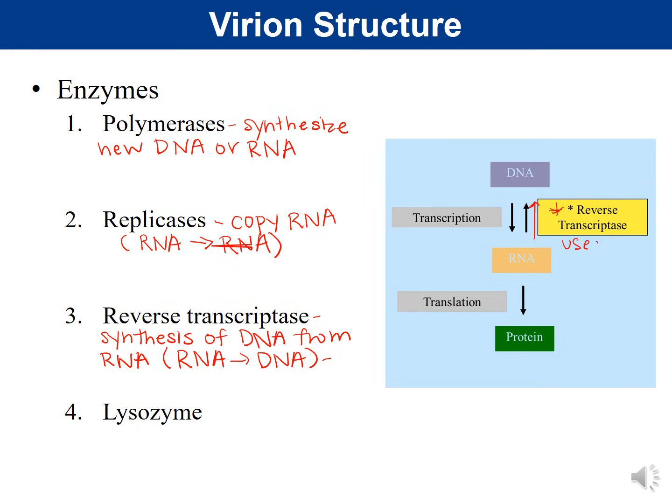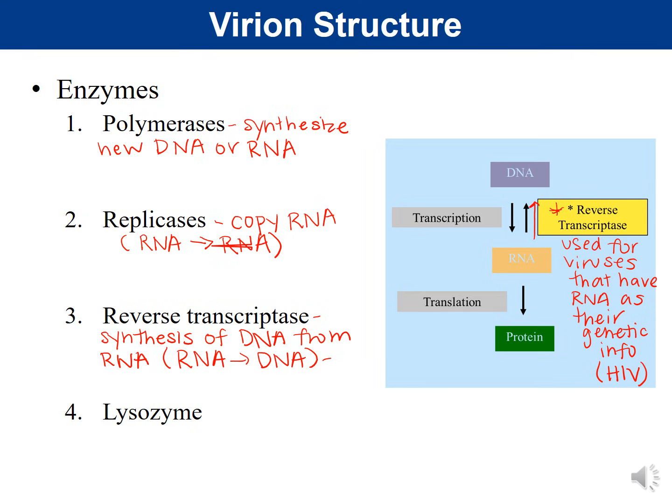And this is used for viruses that have their genetic code as RNA. So used for viruses that have RNA as their genetic information. And again, an example of this would be HIV.